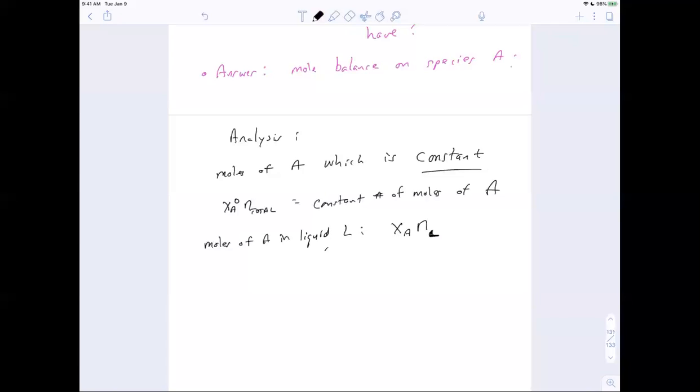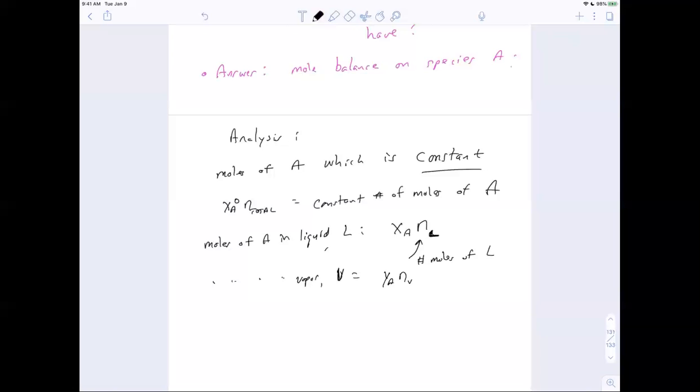So N_L is equal to the number of moles of liquid. And then the moles of A in the vapor is equal to Y_A times N_V, where N_V is the number of moles of vapor.